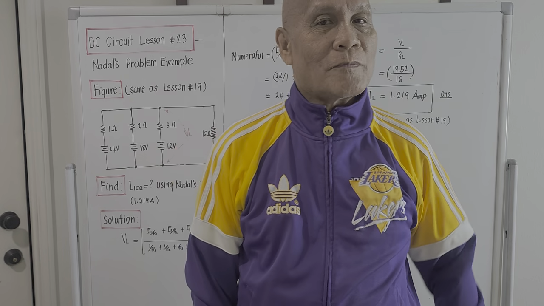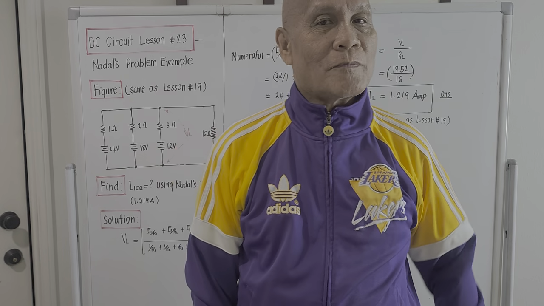That is the summation of E1 over R1 plus E2 over R2 plus E3 over R3. The resulting denominator will be the summation of 1 over R1, 1 over R2, 1 over R3 plus 1 over R sub L. This is close bracket.